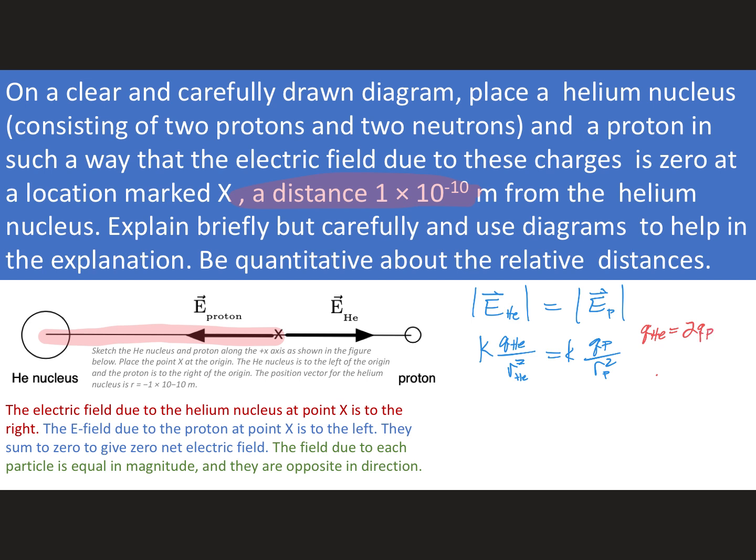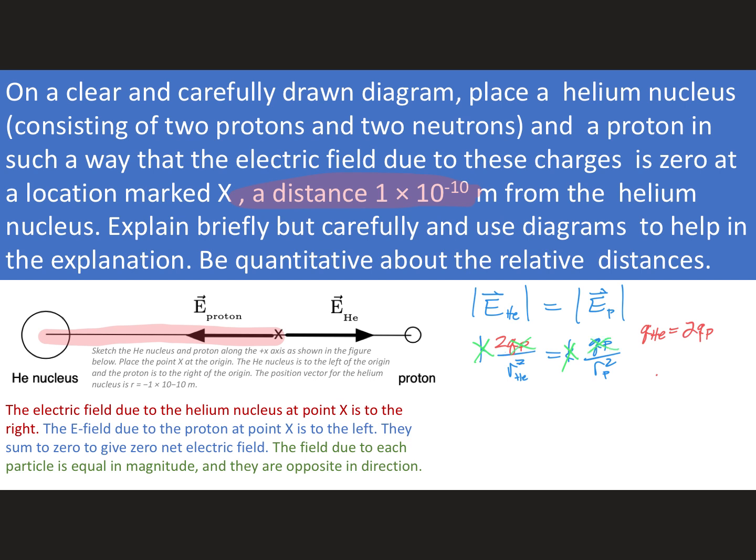All right? So we could just write 2 Q_P there. Well, nice thing, the K's drop out. The charge on the proton drops out.